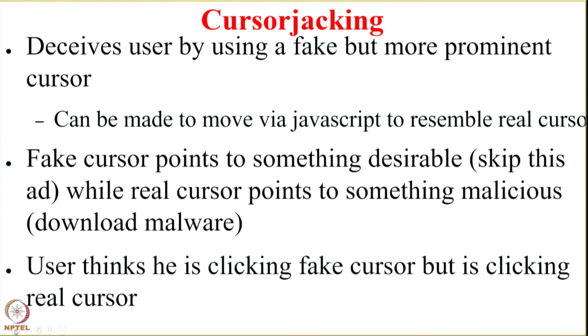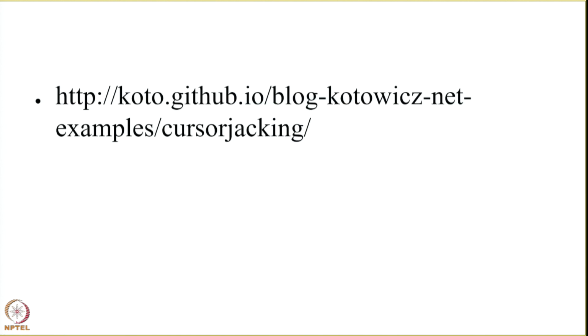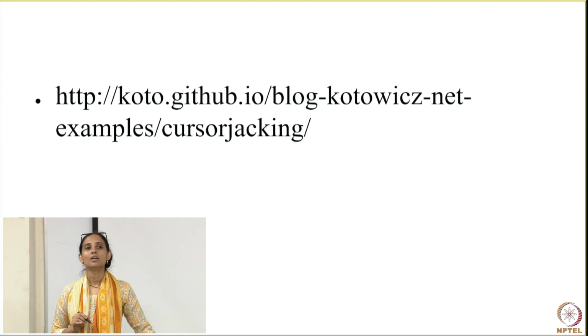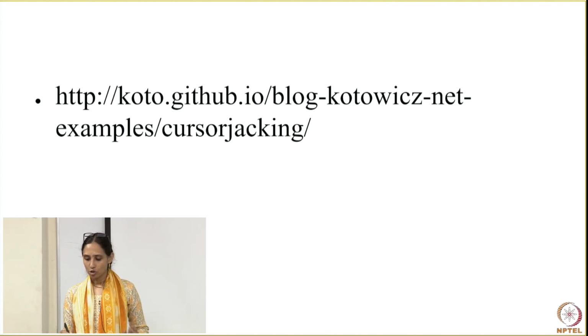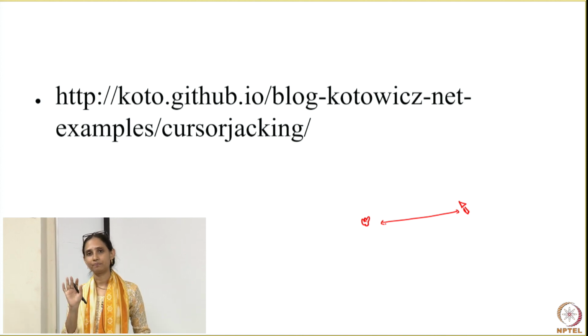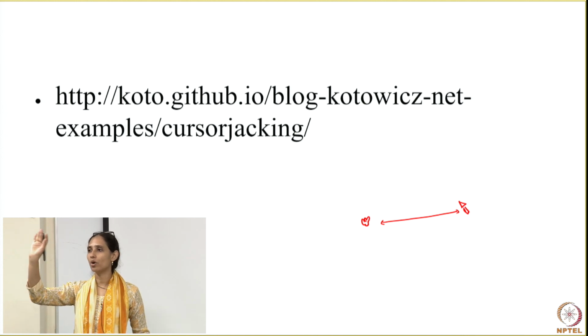Cursor jacking is another similar thing. I will share these slides with you, you can check out this website. The idea in cursor jacking is that they show some cursor, maybe a hand, and they use JavaScript to show an artificial cursor on the screen. When you move this artificial cursor, you think you are going somewhere, but the real cursor is going somewhere else.